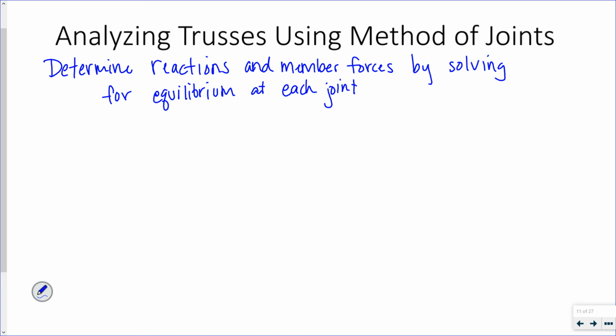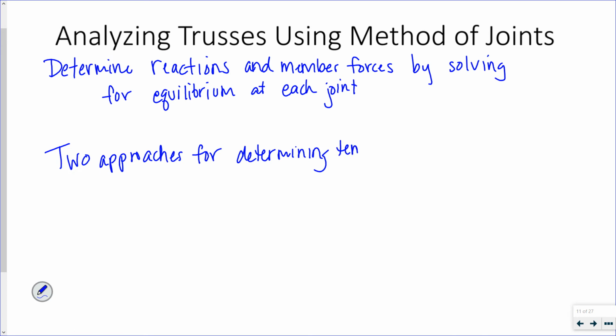There are two different approaches to determine tension or compression member forces, right? That's what I'm talking about.